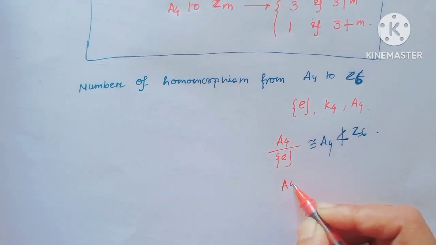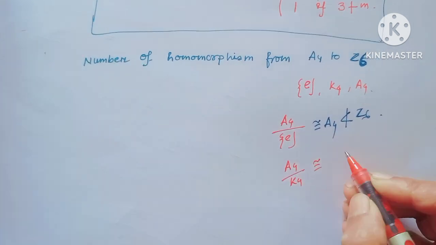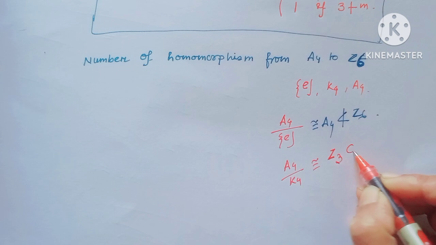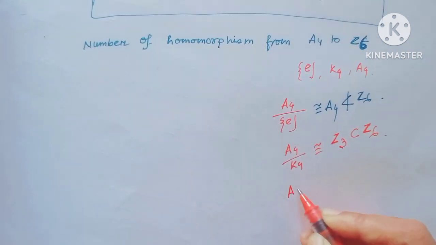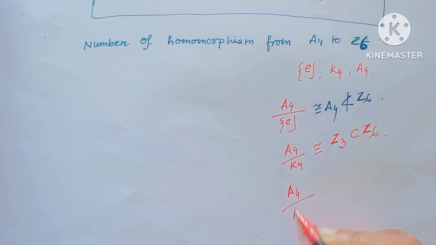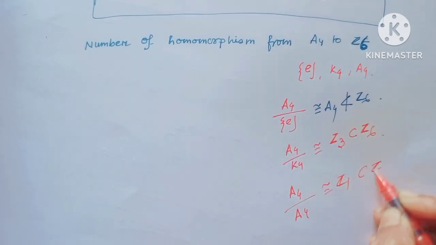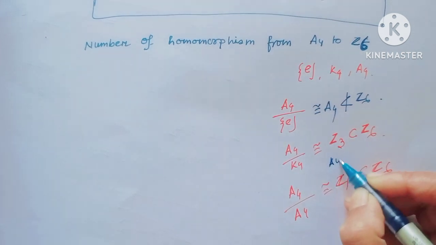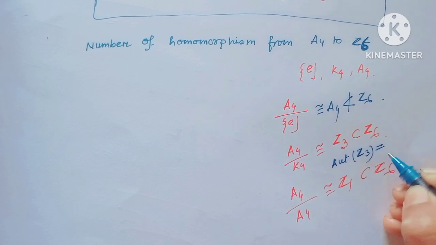A4 modulo K4 is isomorphic to Z3, and Z3 is a subgroup of Z6. A4 modulo A4 gives the trivial homomorphism, which is a subgroup of Z6, and here the automorphism of Z3 is equal to 2.